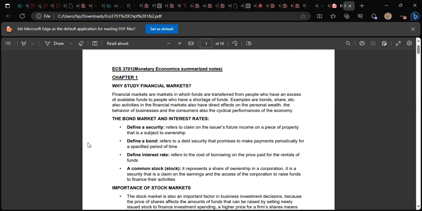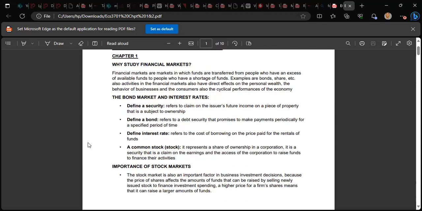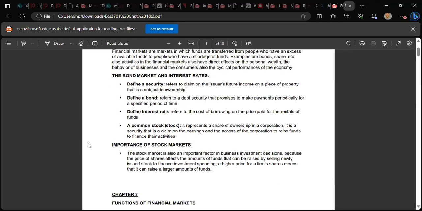But in the financial markets, there are two things that you find, right? I'm just going to mention this, but I think I didn't put it up here on the notes, right? You are either going to be looking at equity, right? Or you are going to be looking at debt, right? It's two kinds of things that you're going to be looking at in the financial market.